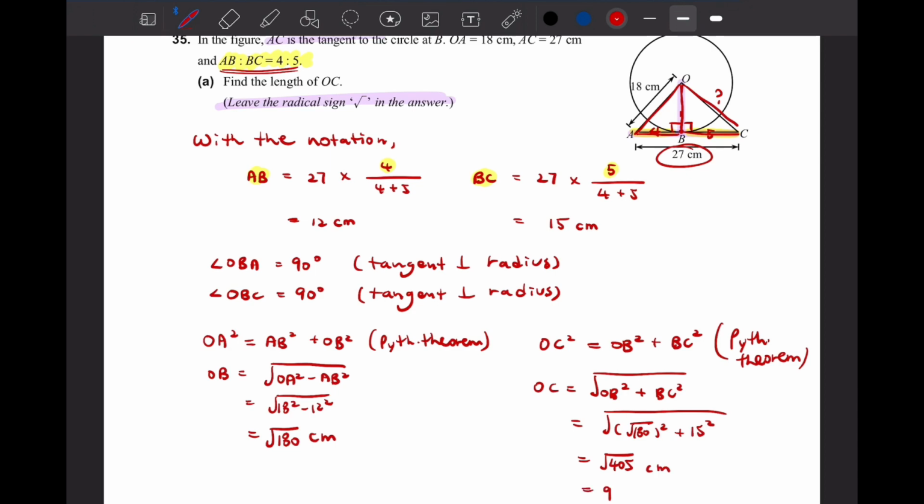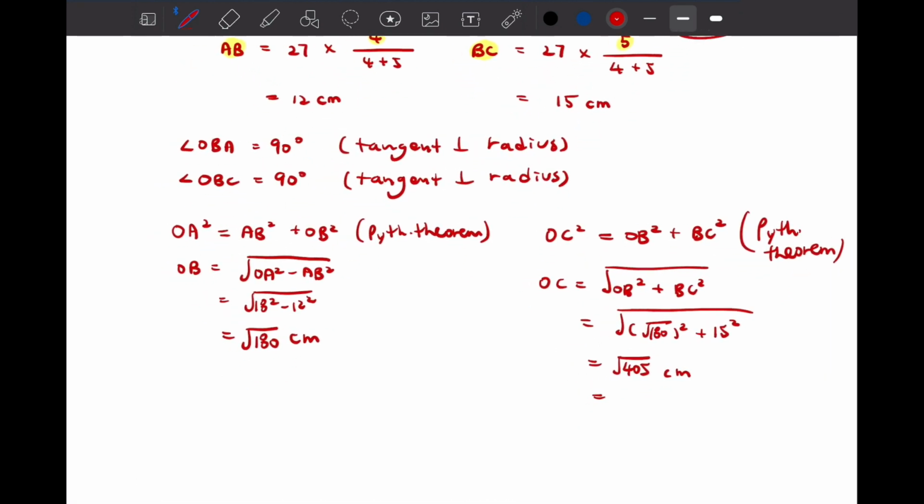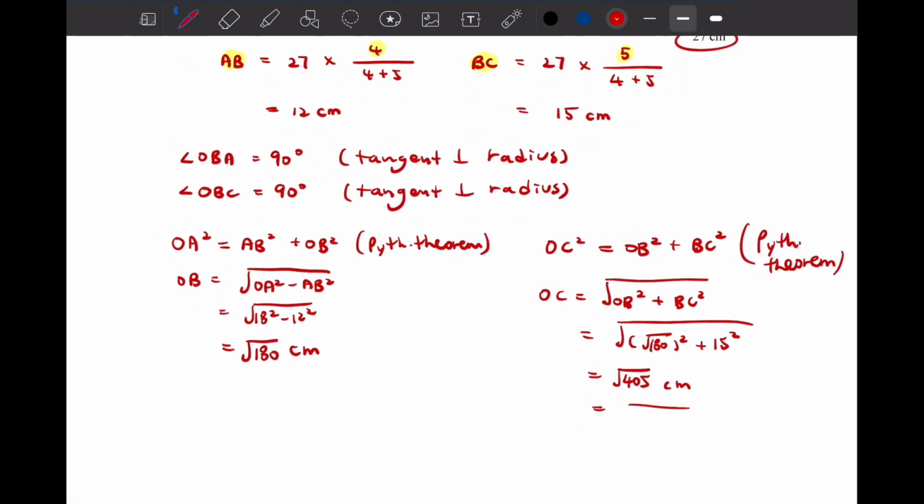And then you have this square root 405. Simplify your answer. So 405, you know it is 81 times 5, and therefore you can simplify it as this.